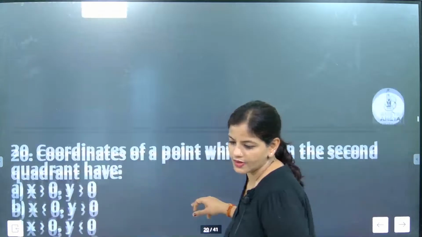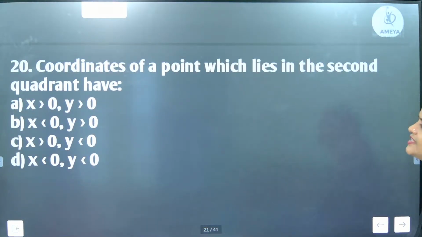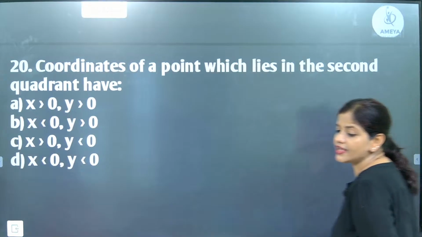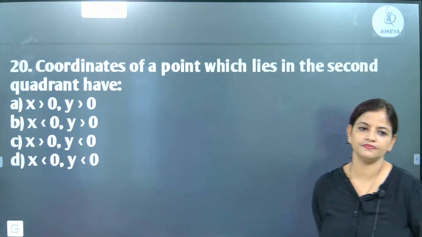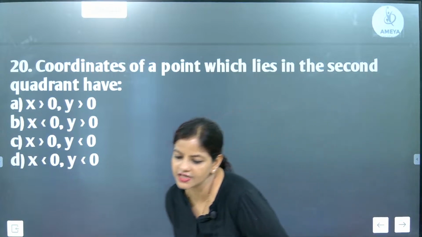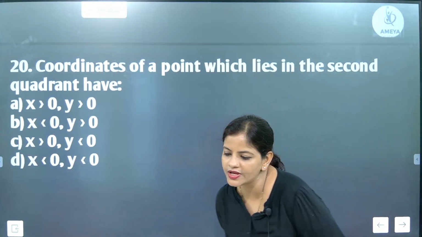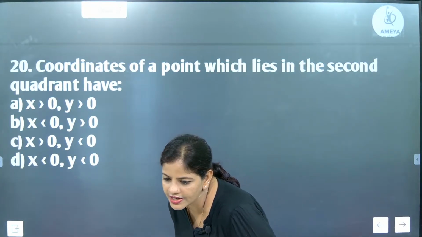Okay. Now come on. The coordinates of a point which lies in the second quadrant. I will not say anything. Just think and say, in the second quadrant, which one is the correct answer? Very good. Bhavya here has given the correct answer. Let's see the online children, who has given the first answer. Very good, Hiralal.